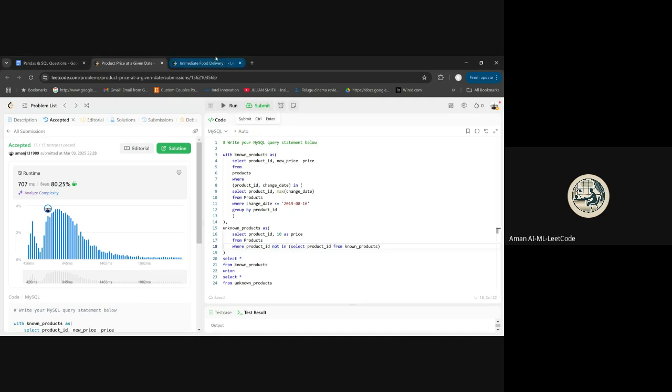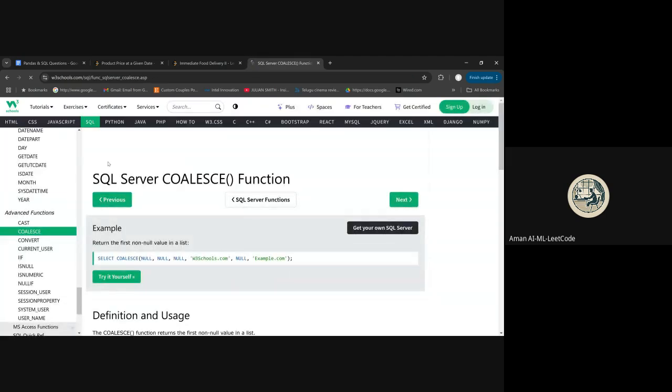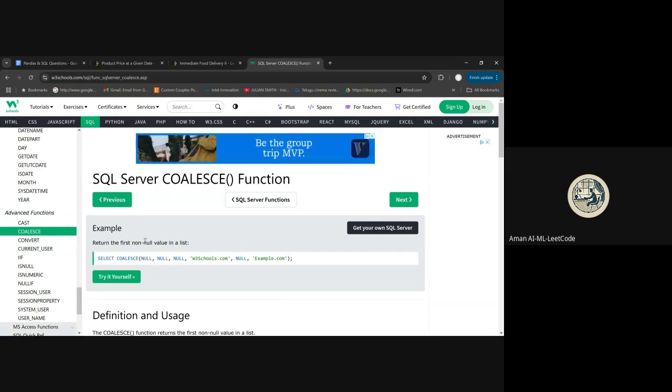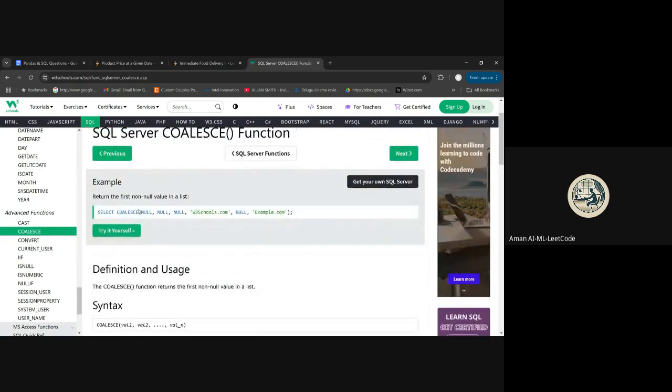All right, to solve this question, the concept you need is called COALESCE. What this does is, if you send it a list of values, it will return the first non-null value.